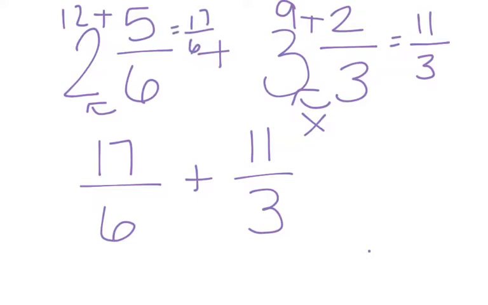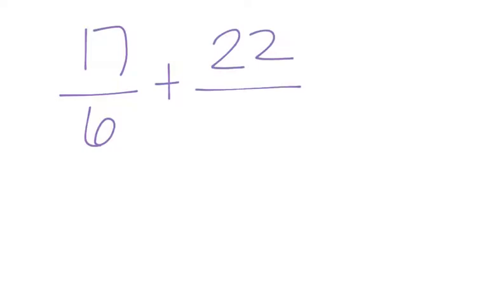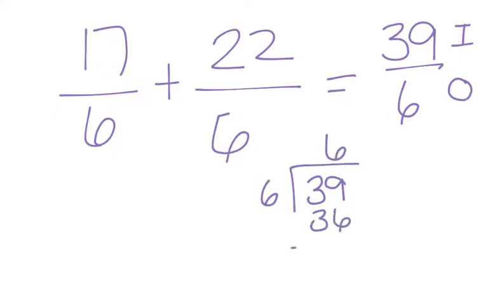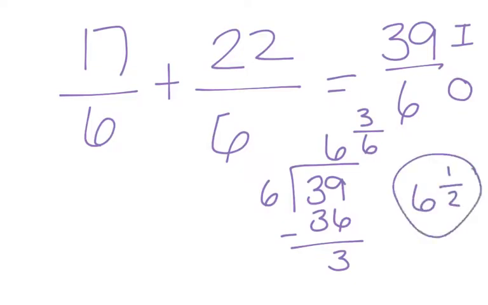We're going to change this denominator to 6, so now we have 17 over 6 plus 22 over 6, which gives us 39 over 6. Inside, outside, 39 divided by 6. 6 times 6 is 36, which is 6 1/2 when you reduce.